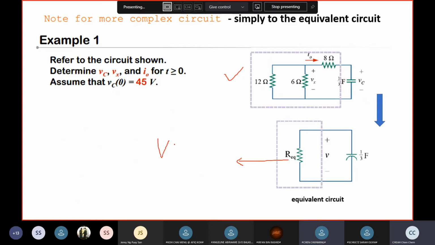R becomes Req, and C is this value over here, which means that I can go straight from here to here. Circuit analysis: here is the solution of the first order differential equation. So the problem reduces to finding V0 and finding Req.